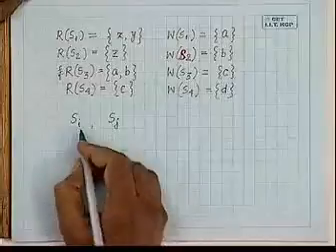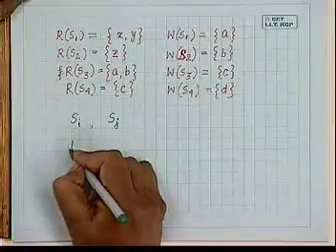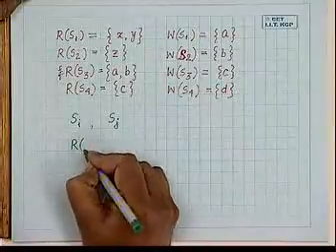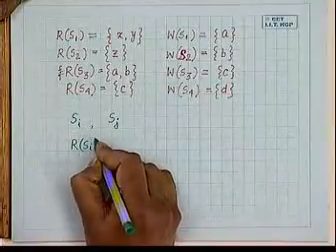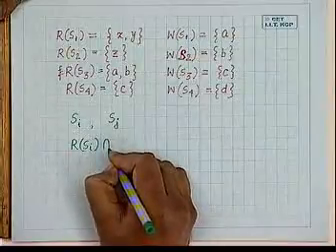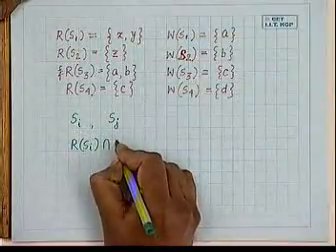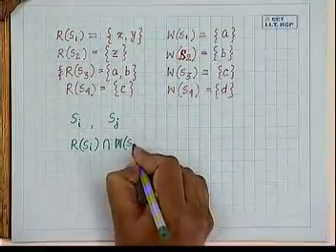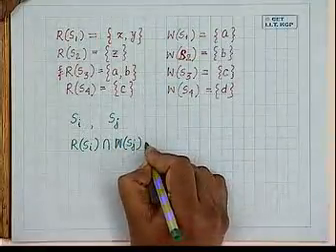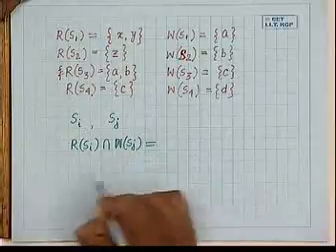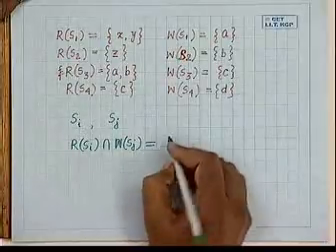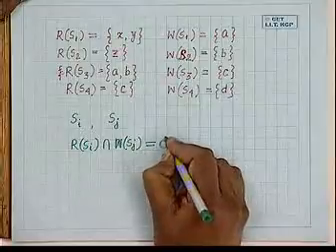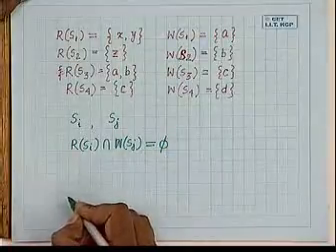Okay. So the condition of concurrency will be that the read set of Si intersection with the write set of Sj should be null. Okay.